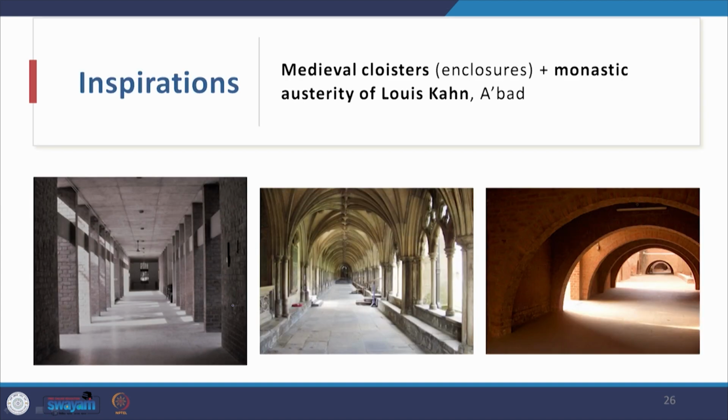Now the inspirations for such an idea not only come from the medieval cloisters or enclosures, but also from the austerity in the work of Louis Kahn, where you find this kind of corridor at the ground level of IIM Ahmedabad in brickwork, and these are brick arches, and here you have it in brick and RCC.